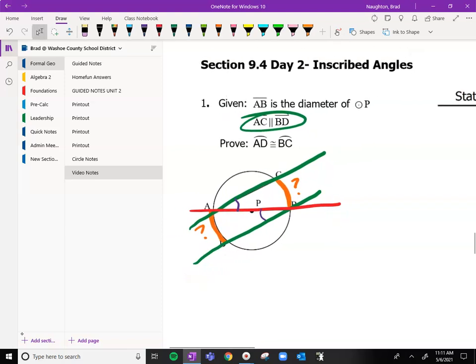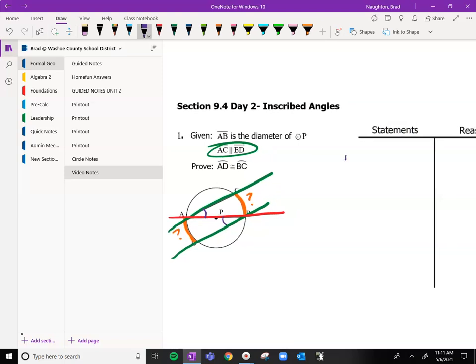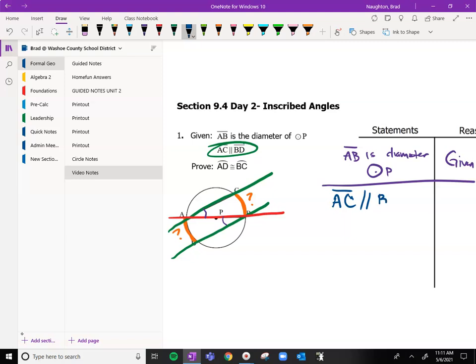So let's write down our given. First, that AB is the diameter of circle P, and that's given, step 1. And then I'm going to use that AC is parallel to BD, and that was also given.